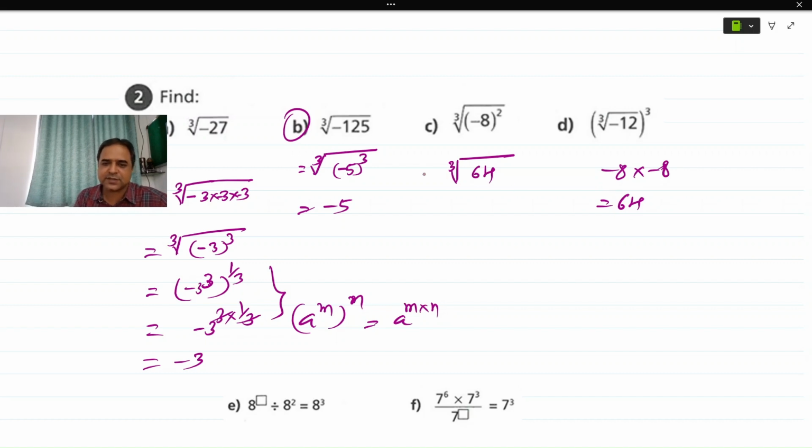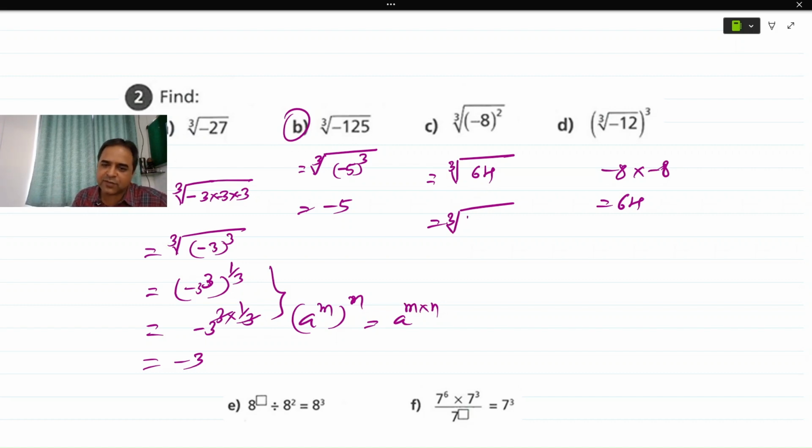So here this is going to give you 64. Now you are aware that if it is a cube root, I have to get the power of this value as 3, so they will cancel each other. So how can I convert this 64 into something to the power 3?